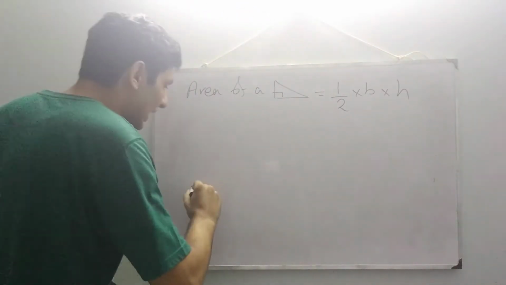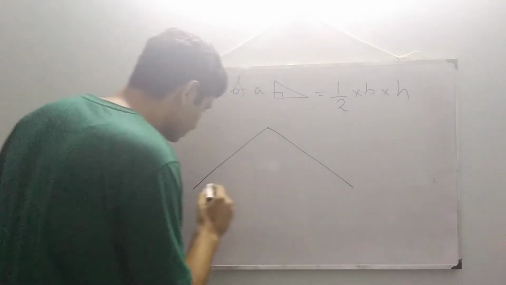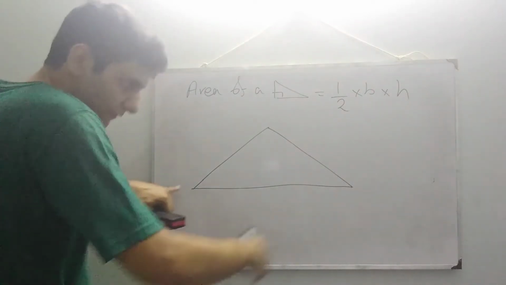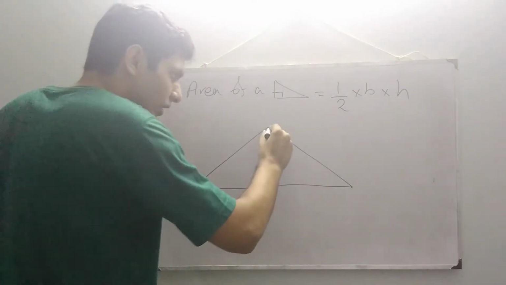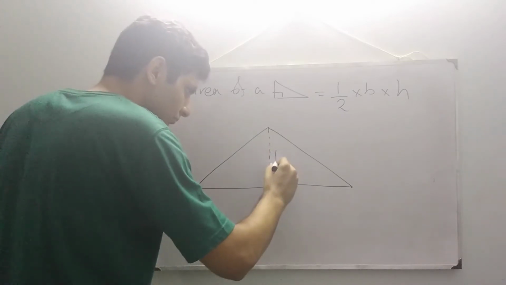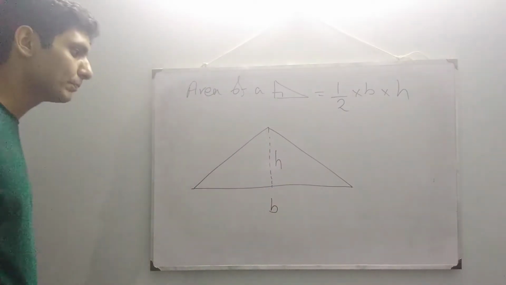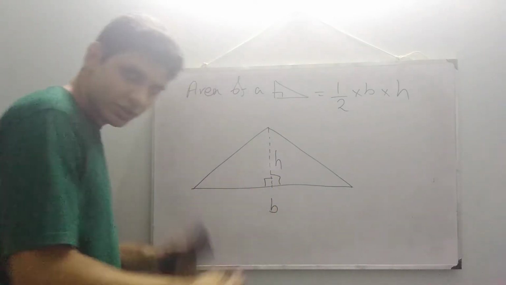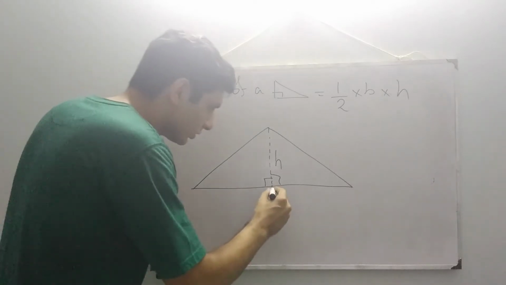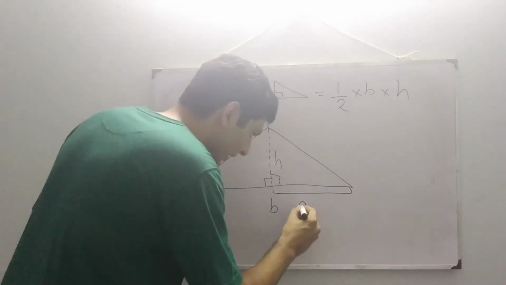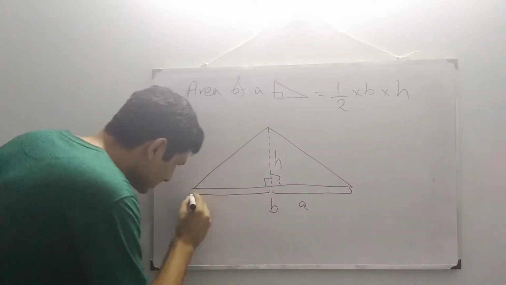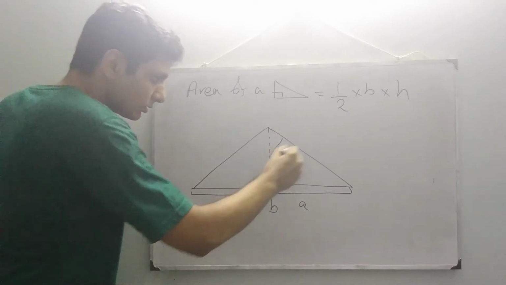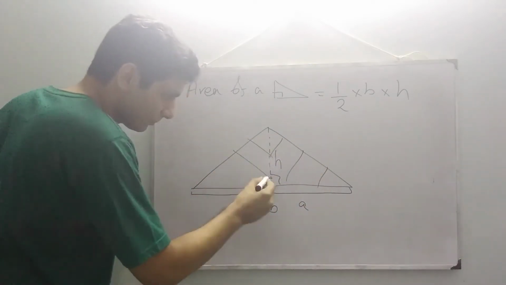So, for example, if I have this triangle, what's the area of this triangle? If I take this to be the base, then I can draw the height. And this is base B. For the sake of making things easier, let's call this part A, and let's call this part C. This is a right triangle, and this is a right triangle.